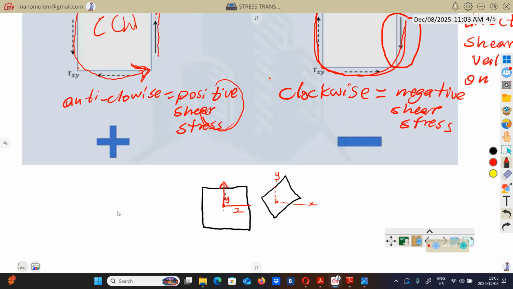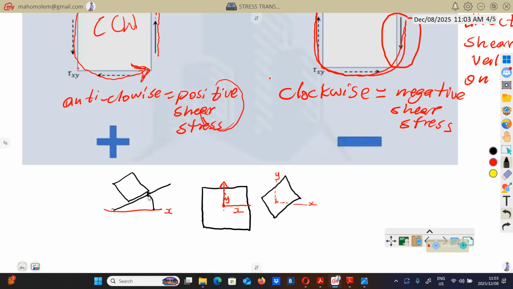So in general, if you have this x line, normally they will give you the angle. If the plane is above this line, or if your element is rotated and it's like this, the angle of this plane will be measured from here to there.